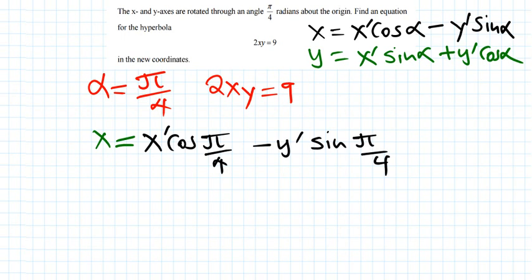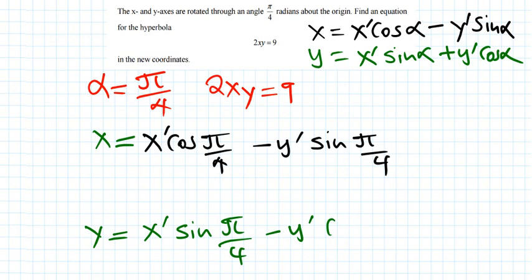Okay, so that's the first step there. And then of course, as you might guess, we have to now do the same for y. X prime sine of pi over 4 and then minus y prime cosine of pi over 4.